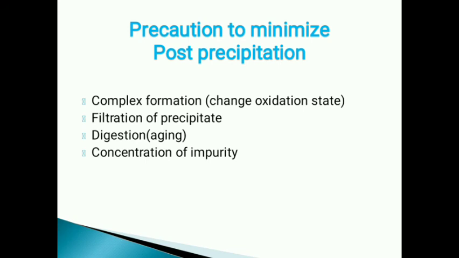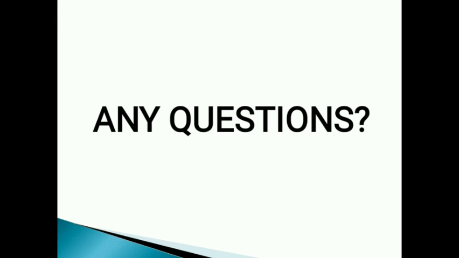And the next is digestion. Generally, the concentration of the impurity should be kept low from the beginning. The digestion process is carried out very slowly. And the last one, stirring: stirring should be carried out during the aging process, and after the process it should be less in order to minimize the post-precipitation.